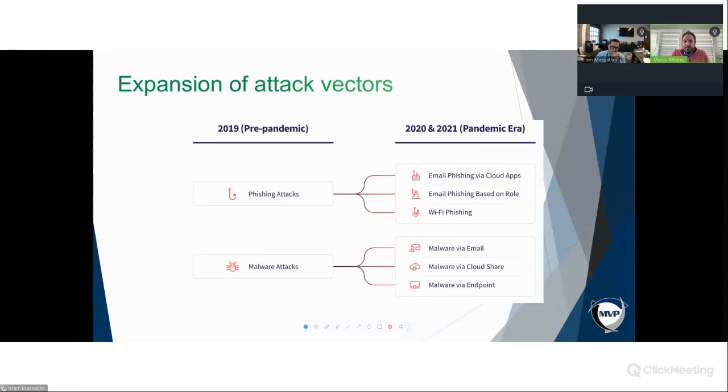Again, this is sort of a pre- and post-pandemic era. You had the phishing attacks, you had the malware attacks. Now these hackers, because everyone is remote, are getting creative. They're hacking through cloud apps. They're hacking based on a role. They're looking at someone and doing social engineering.